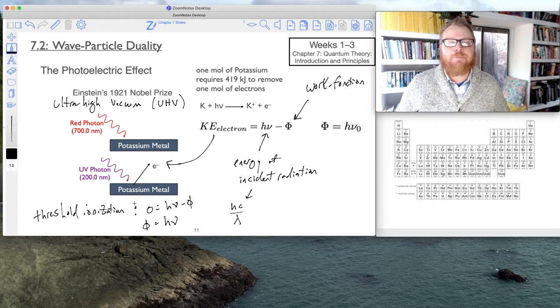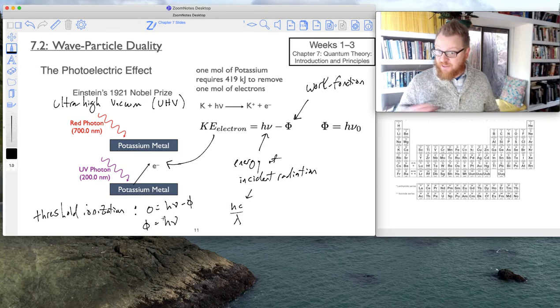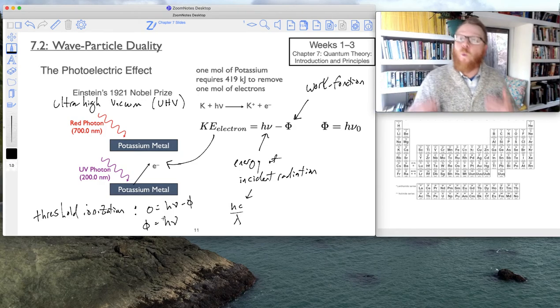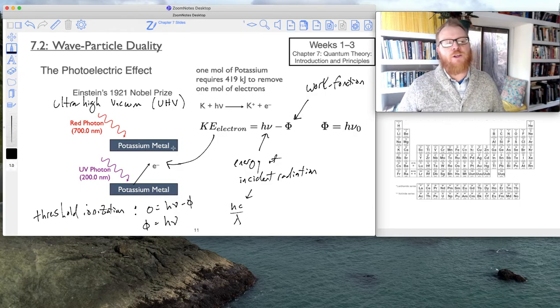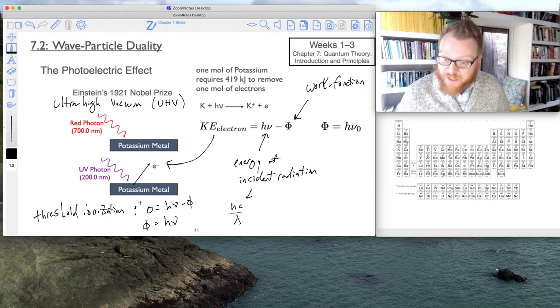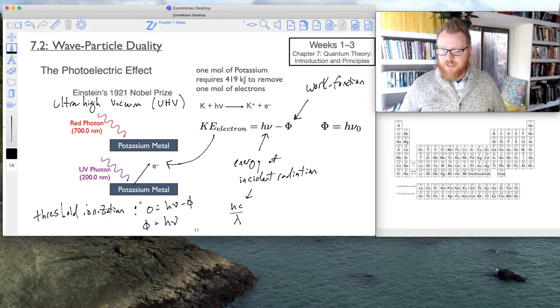So, but any beam of light that is more energetic than the threshold ionization will result in an ejected electron, all right? And the more that you increase the energy of that incident beam of light, the more you increase the kinetic energy of the electron.